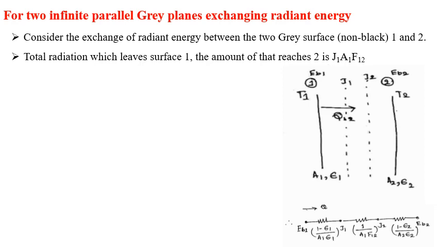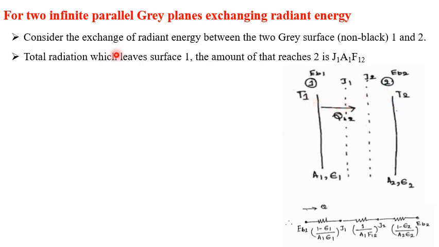Here you can see this is surface 1 and this is surface 2. Surface 1 is at temperature T1 and surface 2 is at temperature T2. The area of surface 1 is A1 with emissivity 1, and this is A2 with emissivity 2. In between you can see two radiosities, J1 and J2. J1 goes from 1 to 2 and J2 goes from 2 to 1.